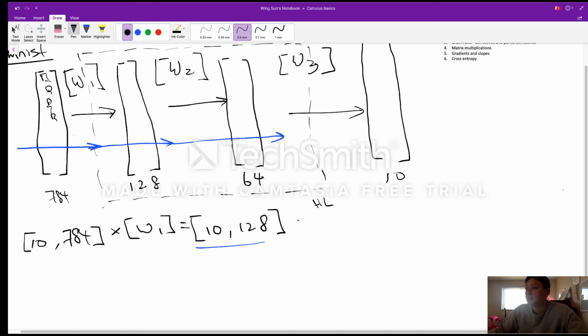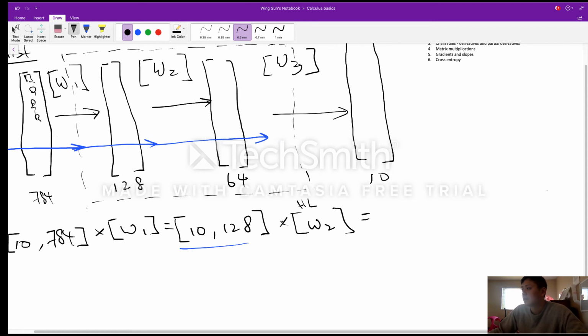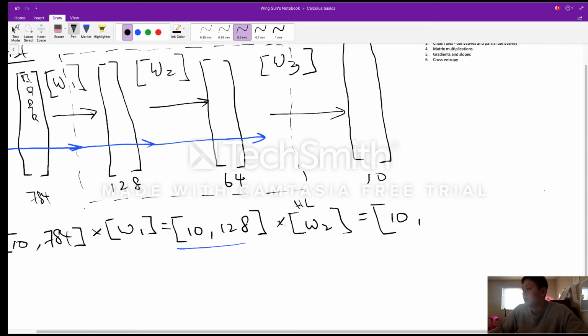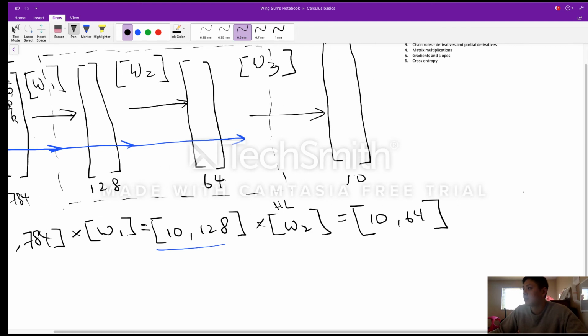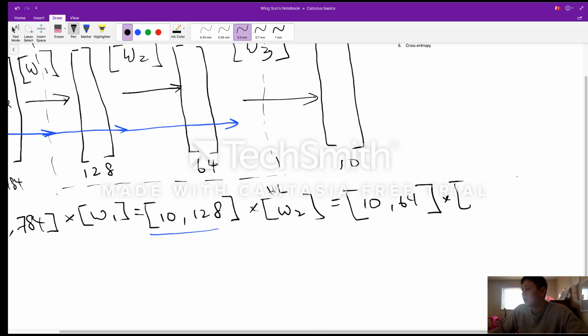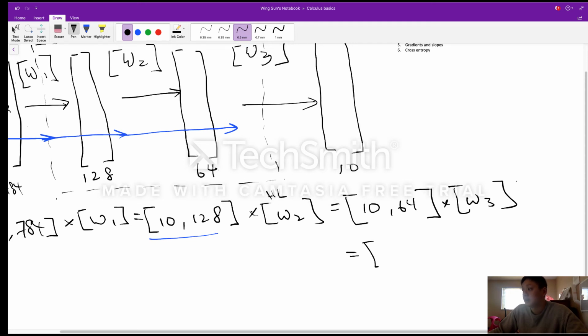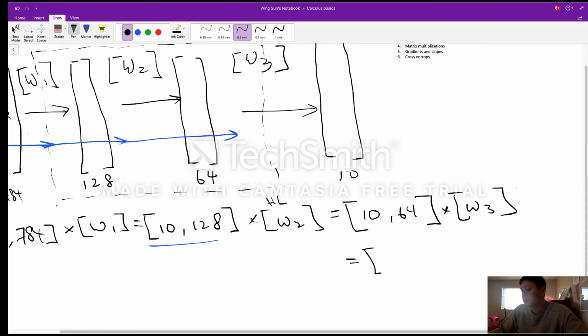It times another W2, and you will get a 10 by 64. Then you multiply this by a third matrix, which has to be 64, oh, excuse me, it has to be 10 by 10. So this is what's going on throughout the multiplication.